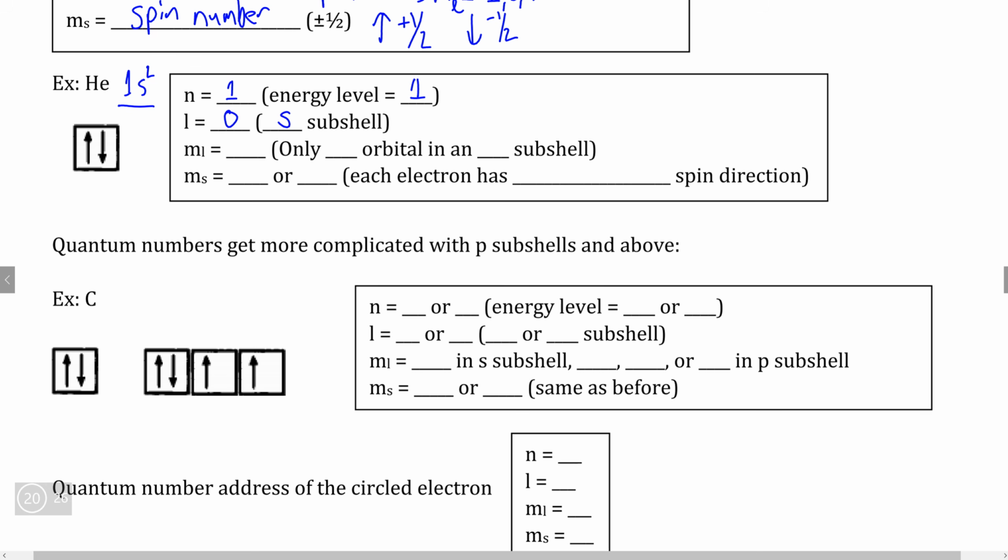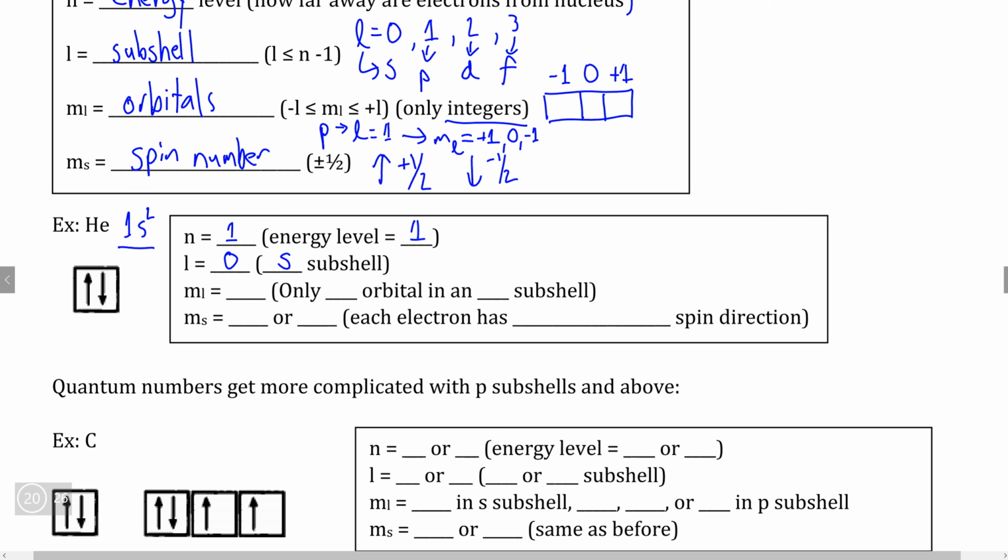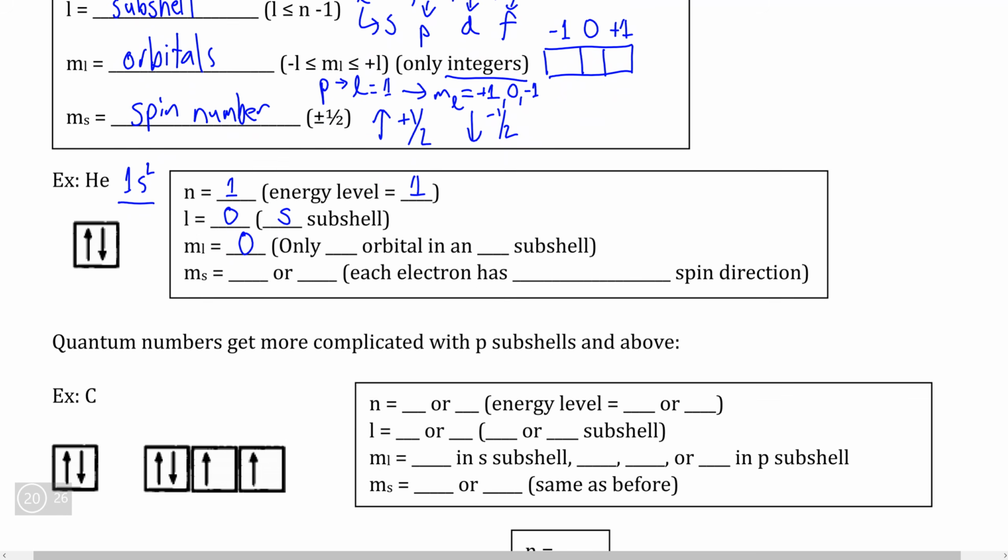And because this only has one orbital, and because we know that m sub L, our orbital quantum number, has to be between positive and negative L, m sub L also has to equal 0 because there is only one orbital in an S subshell, and helium has 2 electrons, meaning that its spin quantum number can either be positive 1/2 if the electron's magnetic field is pointing up, or negative 1/2 if the electron's magnetic field is pointing down.